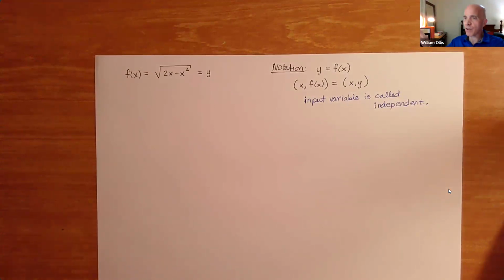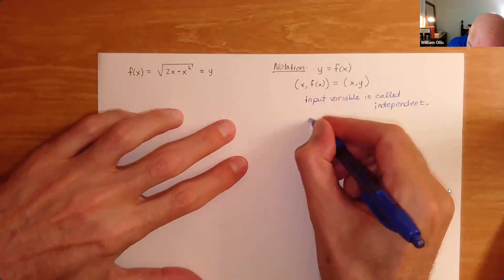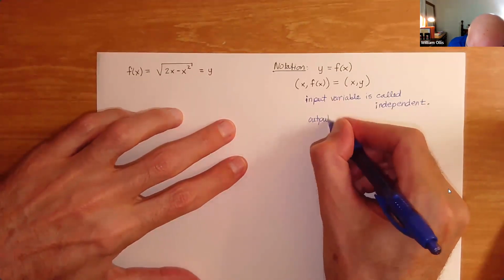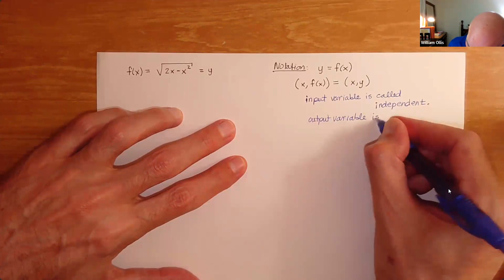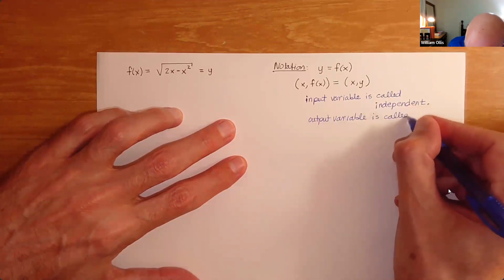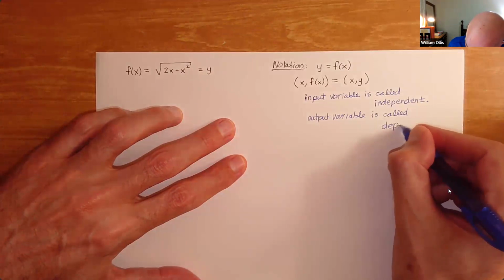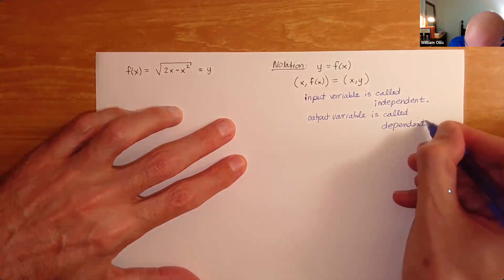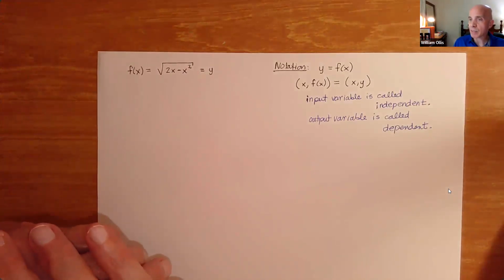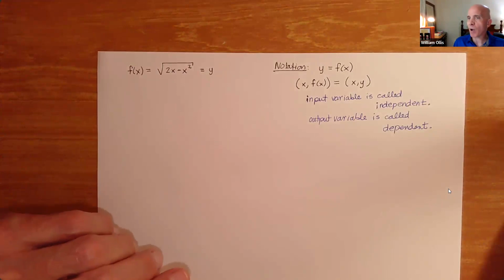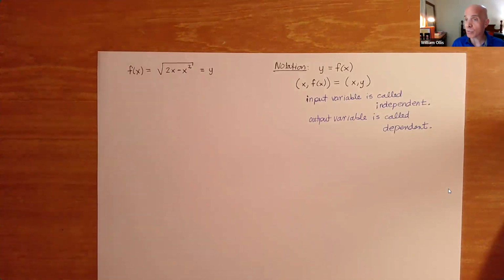You put it into the function machine, and then out comes the y coordinate or the output. The output depends on the input. So we say the output variable, which in this case is the y, is called dependent. That is, the f of x depends on the x, the y depends on the x. The x does not depend on the y unless we just reverse the roles, okay?